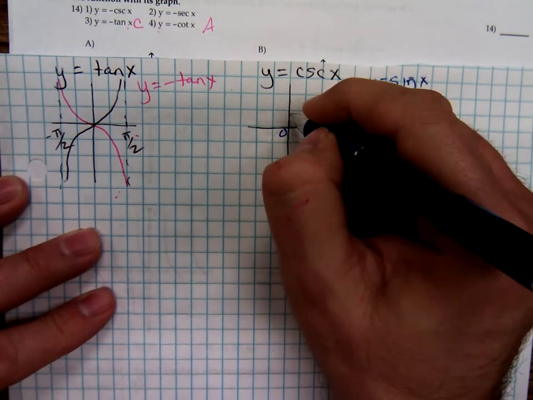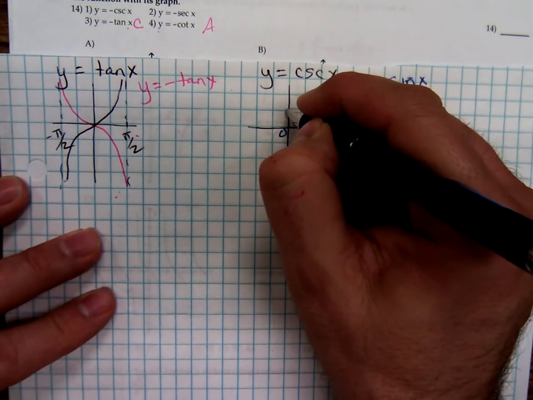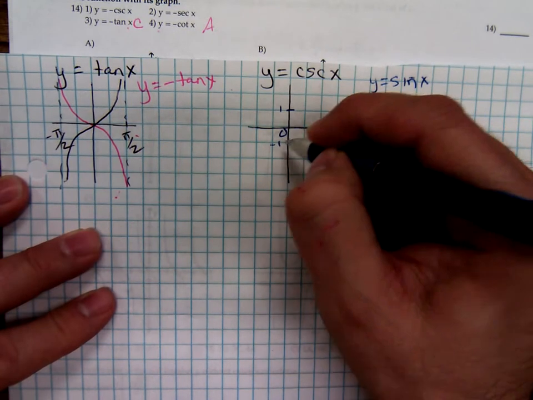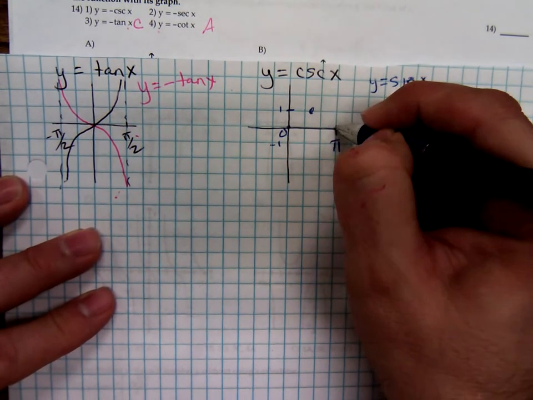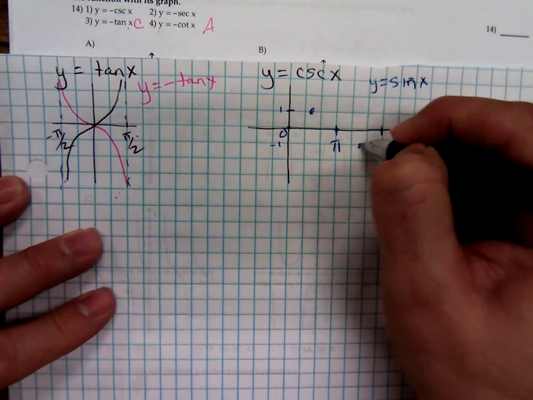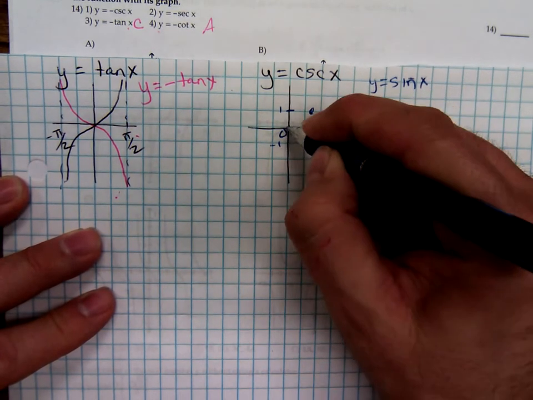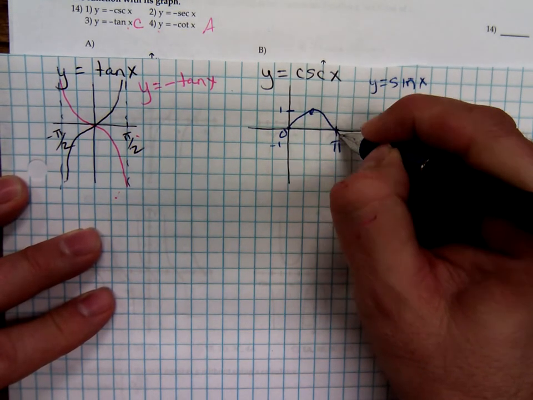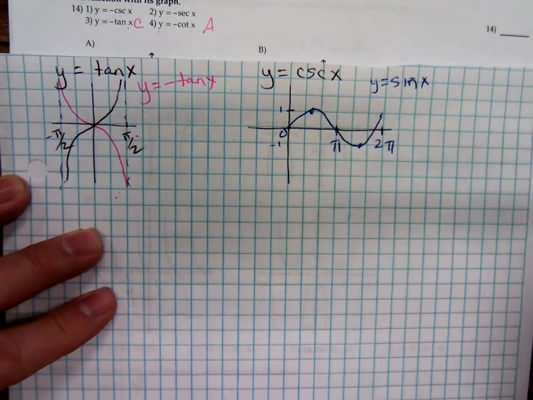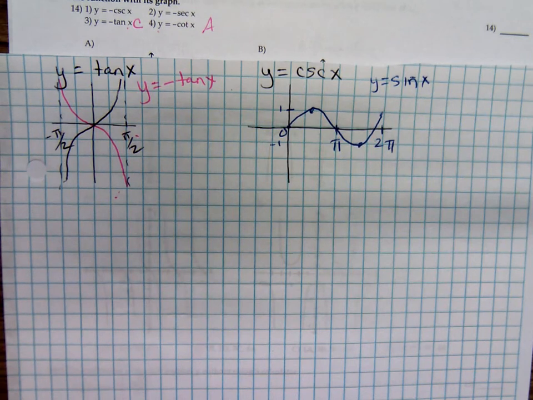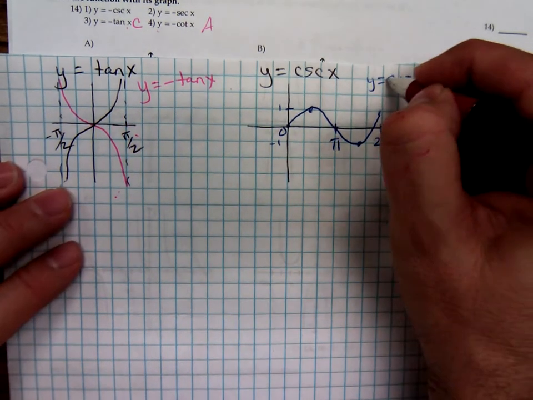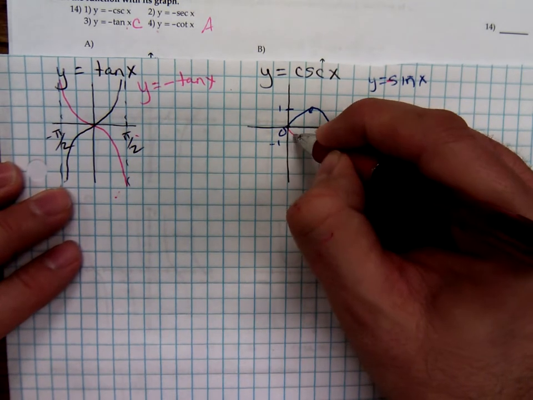It would look something like this. Y equals sine x. It'd be bouncing between 1 and negative 1. 1, 2, 3, 4, 5. There it is.